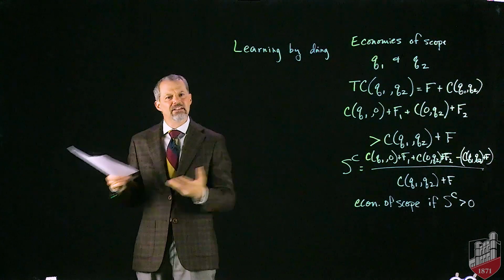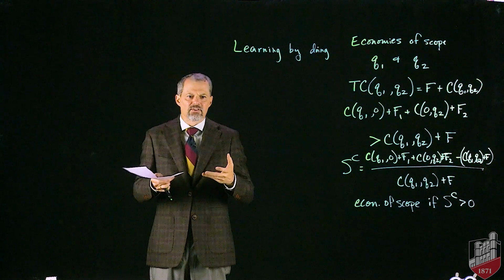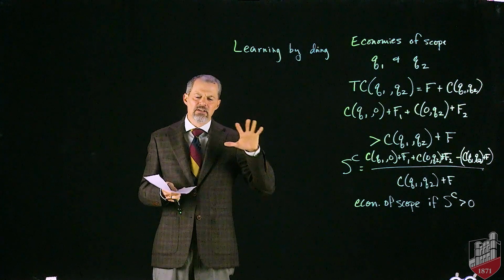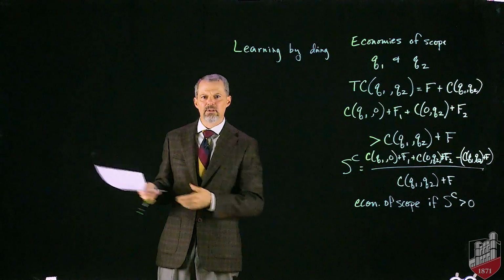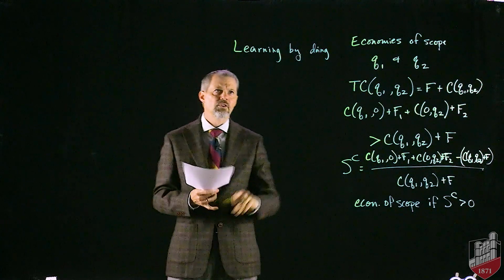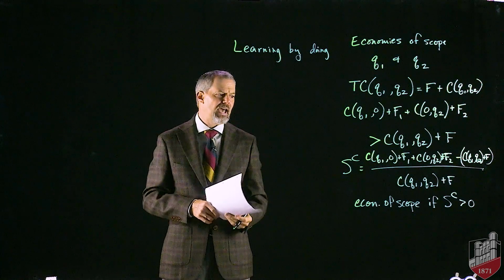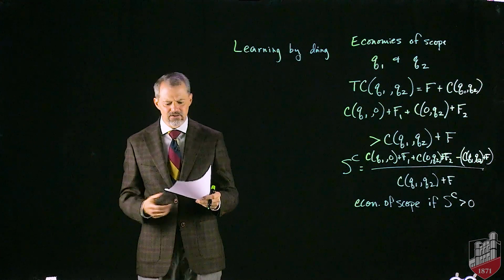Maybe people are leaving the firm over time, and those people are important. So the people who remain need to produce a lot to offset the people who are leaving with the information that they have. So learning by doing is an important aspect of the concentration in an industry.